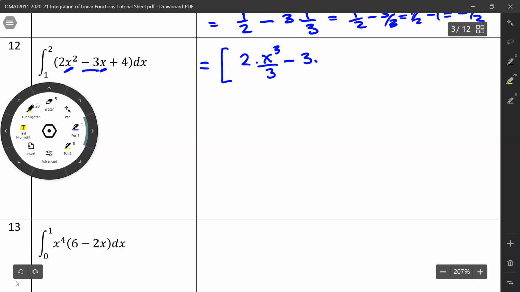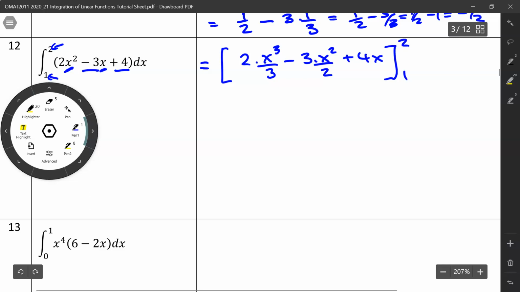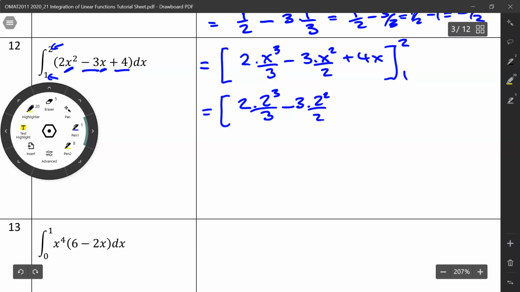And then the integral of x is x squared over 2. And then plus 4. So it's plus 4 times x. And that goes from my upper limit here, which is 2, down to my lower limit over here, which is 1. So this tells me that I have 2 times 2 cubed over 3 minus 3 times 2 squared over 2 plus 4 times 2. So that's where I put in the upper limit.